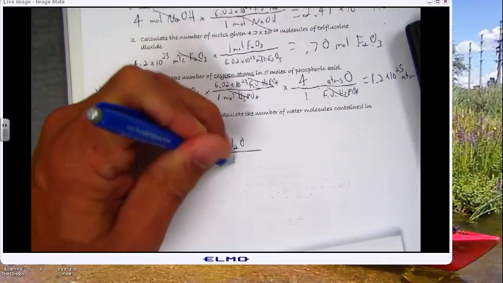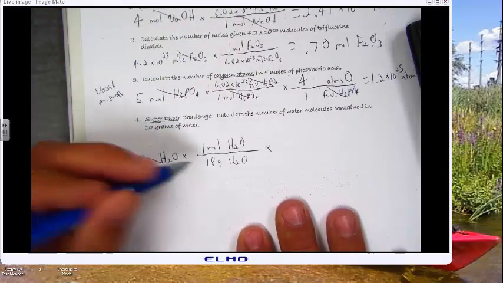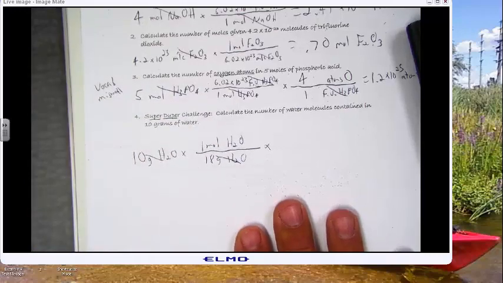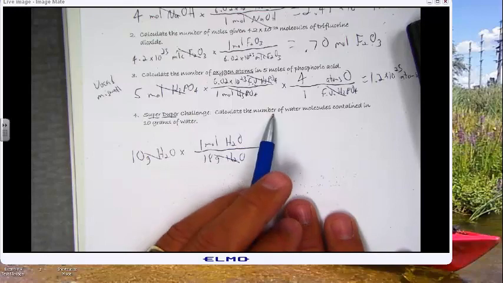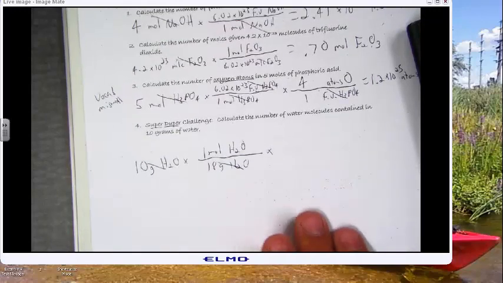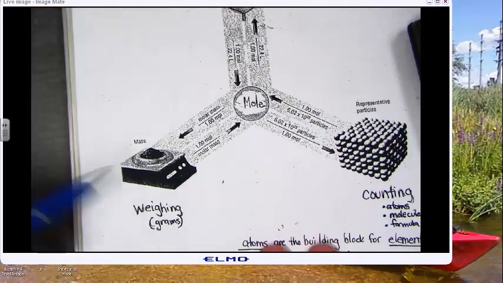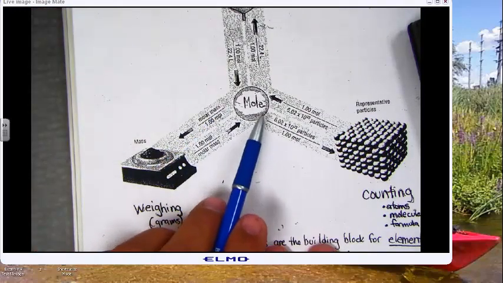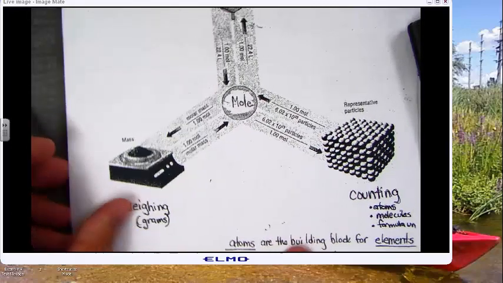18 grams of water. Now if I do that, that's going to allow me to cross off grams of water and leave moles. Realize what I really needed to get to, though, is the number of molecules. Let me go back to that road map where we were taking 2 steps. We just went from grams to moles. Now it's time to go from moles to molecules. Avogadro's number goes on top. 1 mole goes on the bottom.